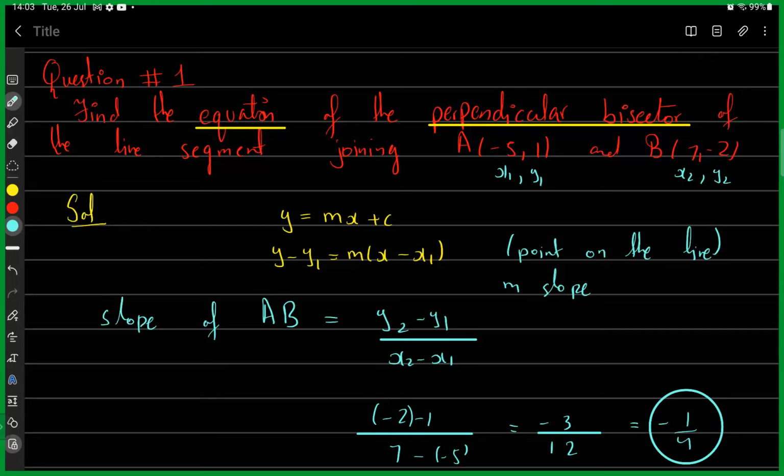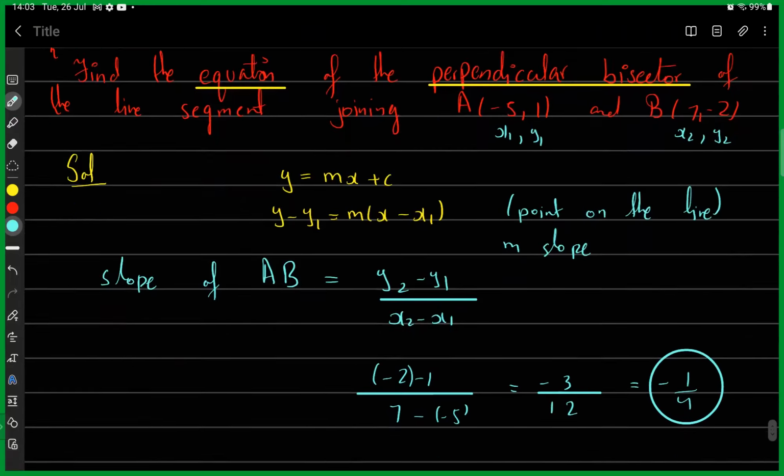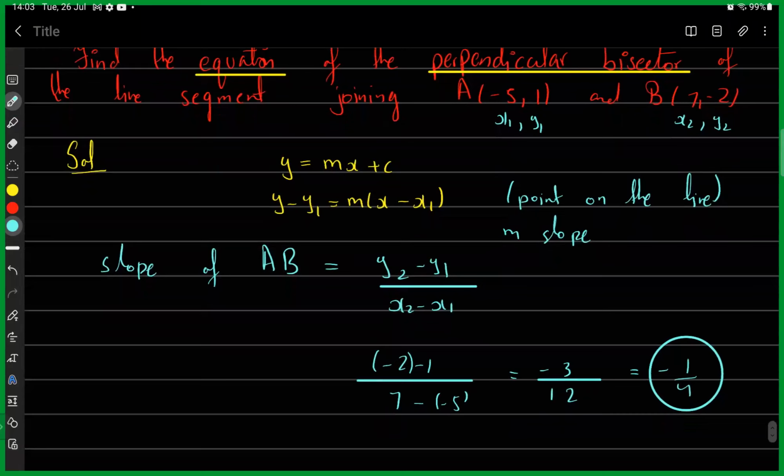Can you tell me what would be the slope of the perpendicular bisector? Very well done. Excellent. Okay, so the slope of the perpendicular bisector is going to be the negative reciprocal of this, and that would be 4.